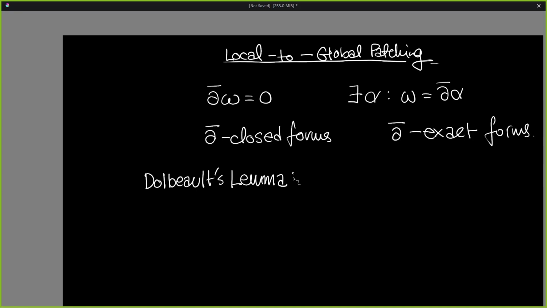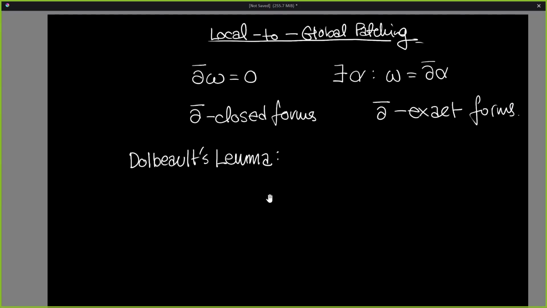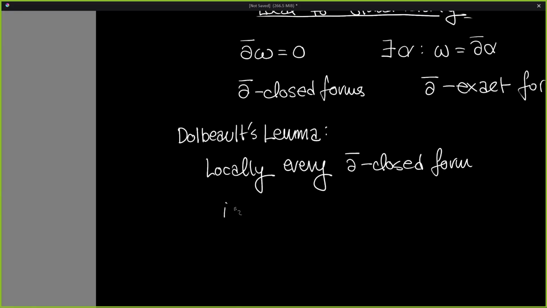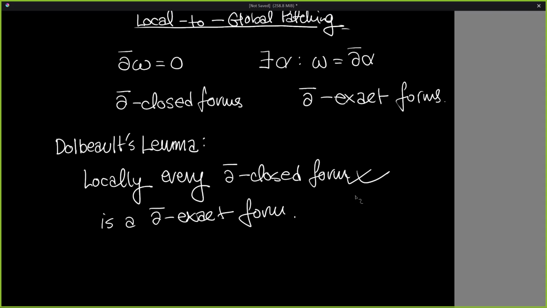Dolbeault's lemma says that locally every partial bar closed form is a partial bar exact form. And so we're always guaranteed to have this local solution.